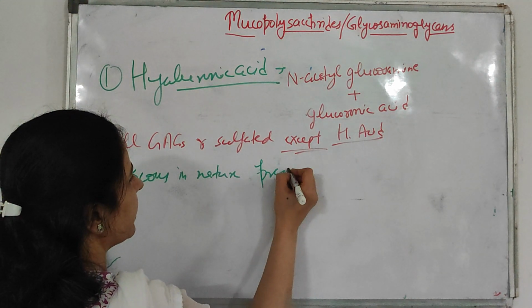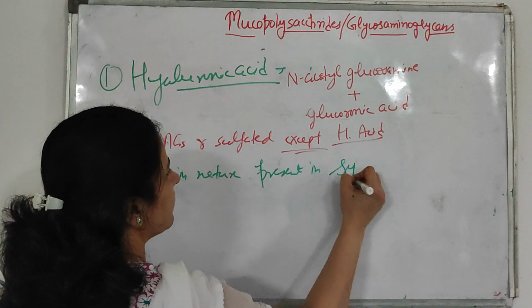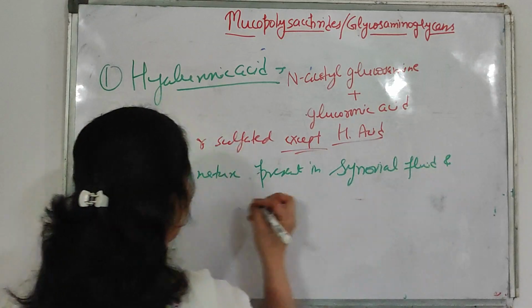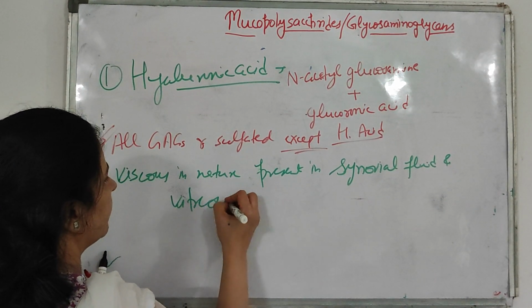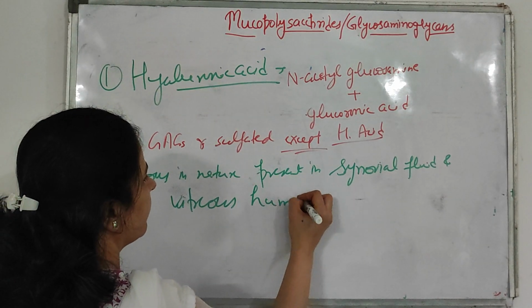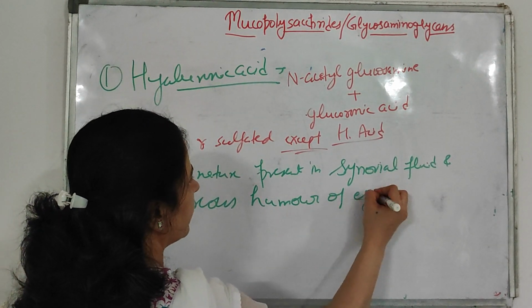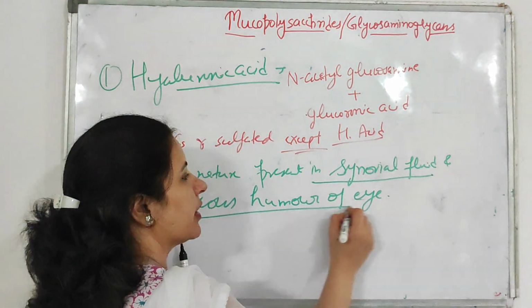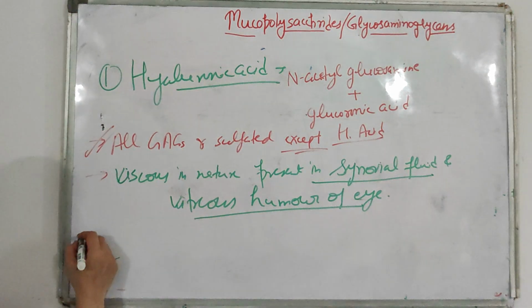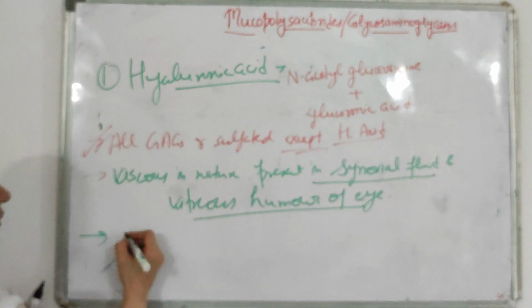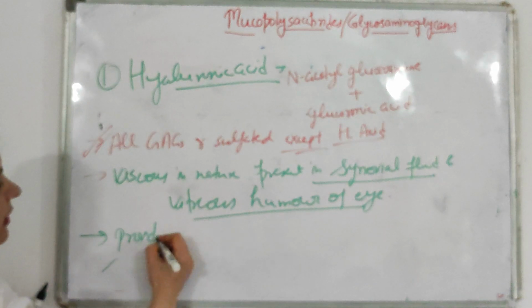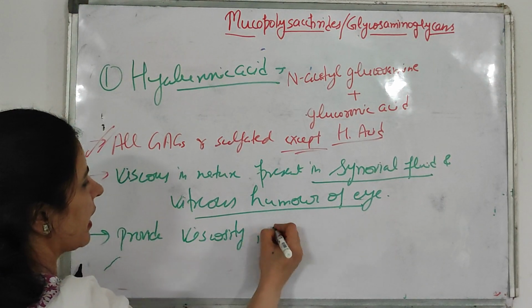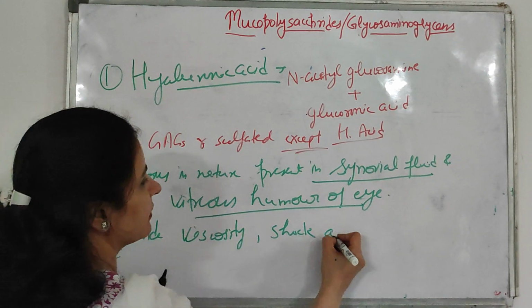Where is it present? It is present in the synovial fluid and the vitreous humor of the eye. What is its function? It provides viscosity, as it is viscous in nature, and acts as a shock absorbent.